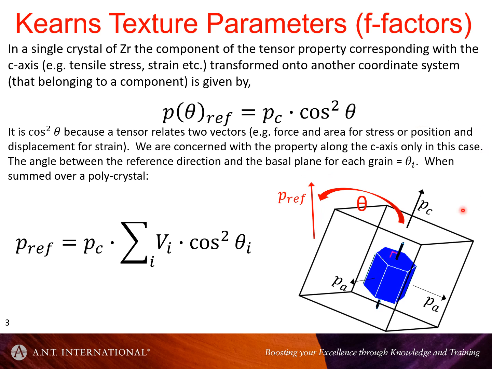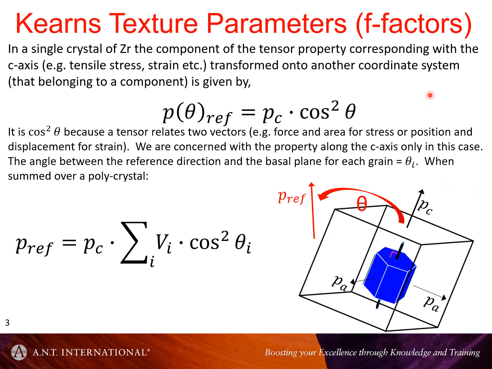In a polycrystal, we have an arrangement of grains, and they all have different orientations. And what we want to do is resolve certain properties of these grains, of the single crystal, onto the same direction of interest. So we have a whole series of different grains which all have a different value of theta, the orientation of the c-axis in this case, with respect to the reference direction.